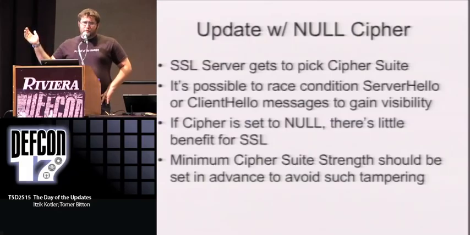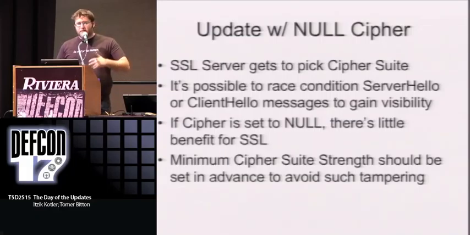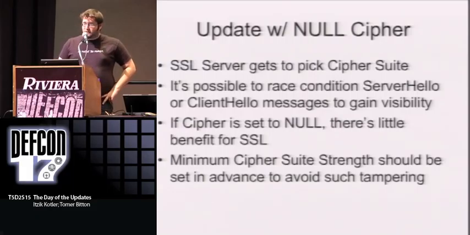Now, it is possible to race condition the SSL handshake, basically giving the server the idea that the client has only a null cipher to offer, and making the client believe the server offers a null cipher. The result will be a legitimate SSL connection negotiated on a null cipher. So it actually doesn't do anything productive.